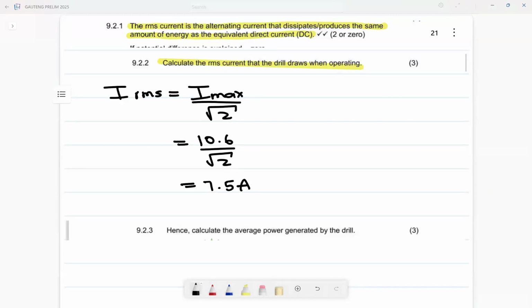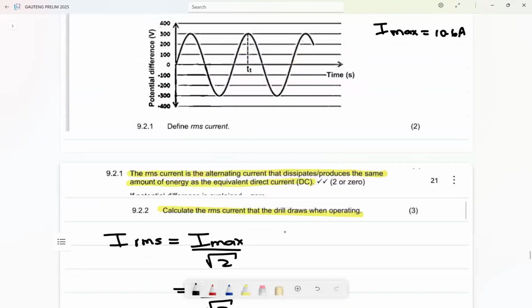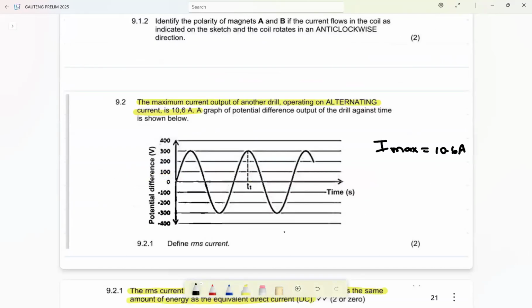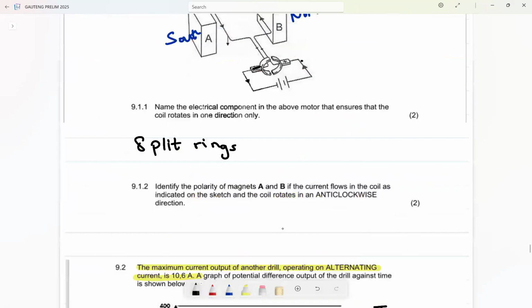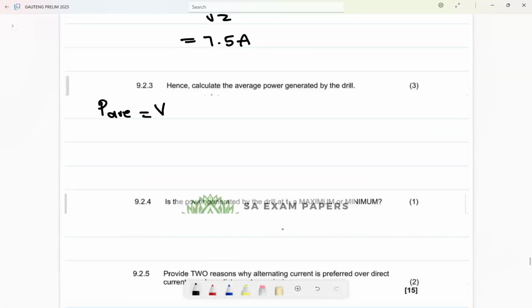Okay. And then, hence, calculate the average power. The average power, remember P average is going to be, what am I given? No resistor. So I can say P average is V RMS multiplied by I RMS, or P average is equal to V max multiplied by I max. Whatever you use, they should match.